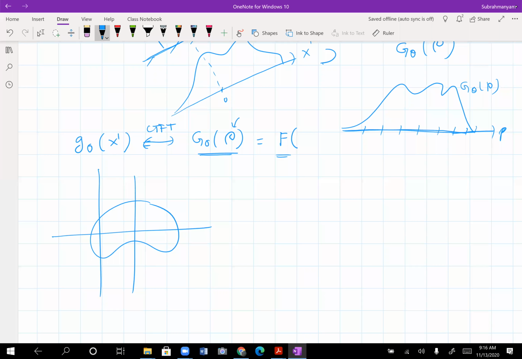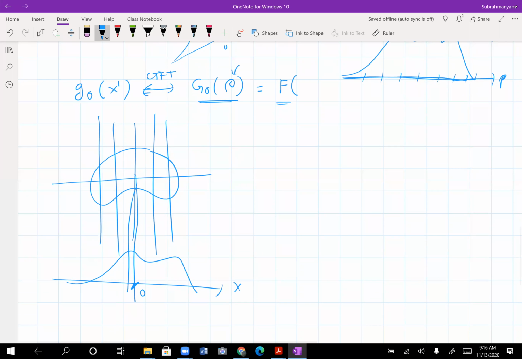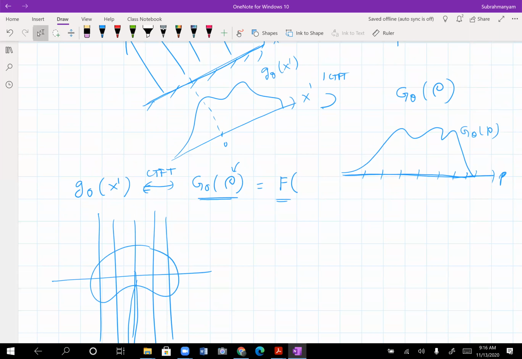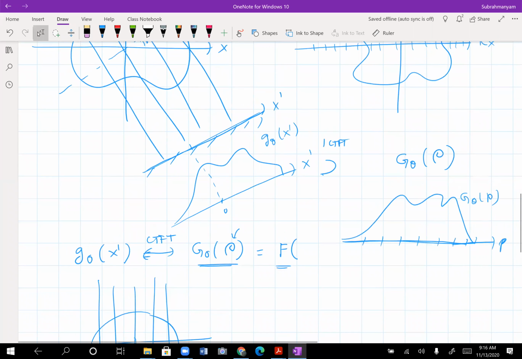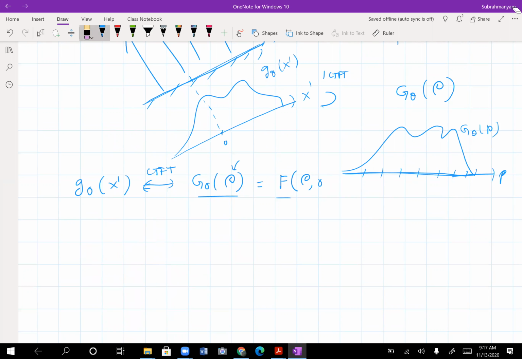Then I am getting this. What would happen now? This would be 0. This x is the same, right? So basically that and rho would correspond now. So this would be equal to F of rho comma 0. Is this clear? Yes. Good.